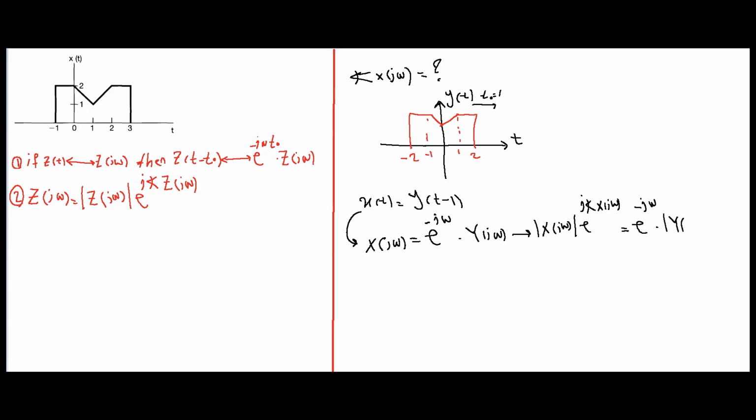So the right hand side becomes e^(-jω) multiplied by the magnitude of Y multiplied by e^(j∠Y). Now, the phase on the left hand side must be equal to the phase on the right hand side. Therefore, the phase of X becomes equal to -ω plus the phase of Y.